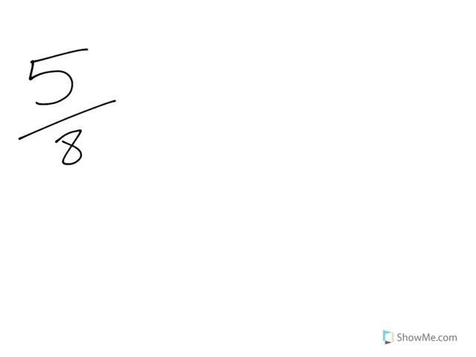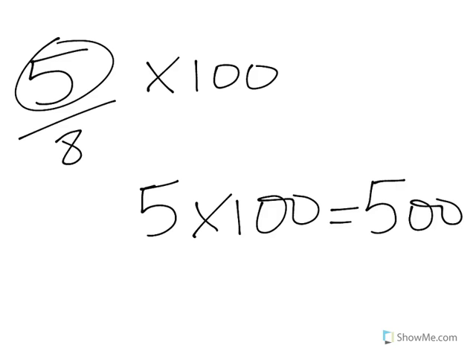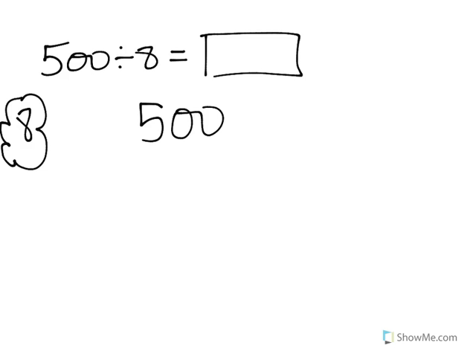Dividing 5 by 8 is difficult to do. So what I'll be showing you is to take the numerator and multiply it by 100. So 5 times 100 equals 500. That at least is an easier number to try and divide rather than 5 on its own. So let's divide 500 by 8.